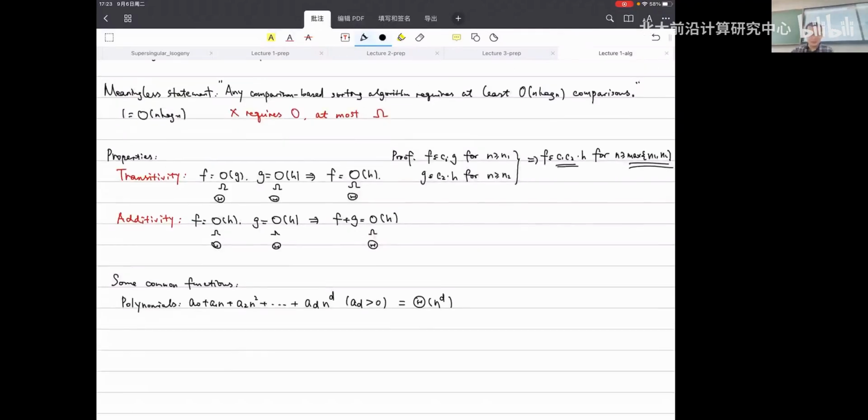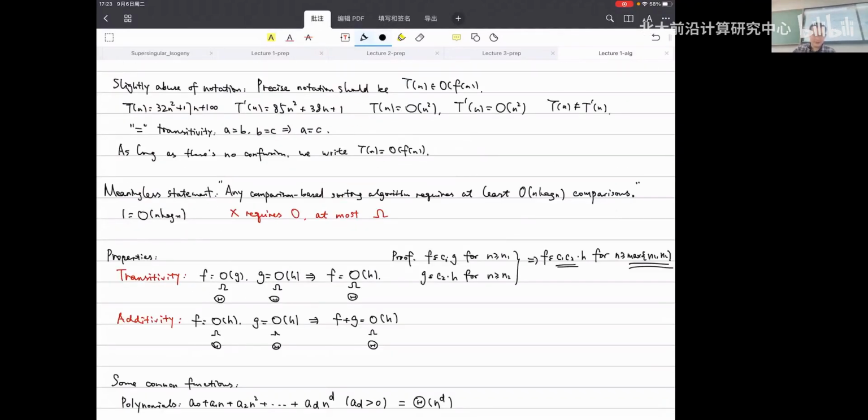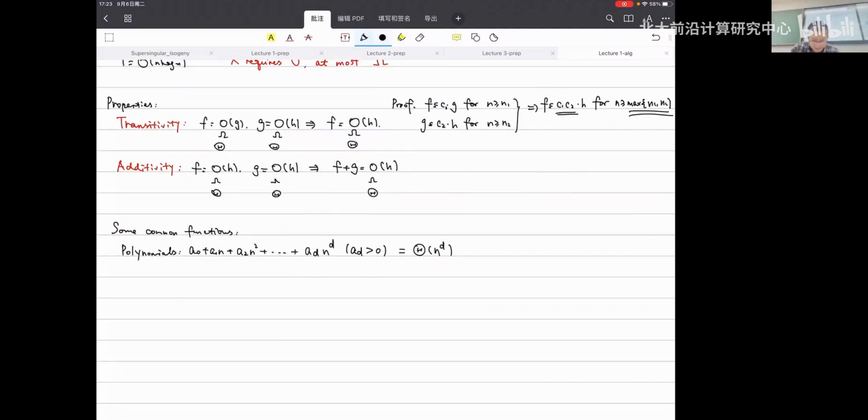This is relatively apparent based on the earlier discussions. Basically, we can shorten the definition of polynomial time: a polynomial-time algorithm is an algorithm whose running time is O of n to the d for some constant d. And of course, this d should be independent of the problem size n.